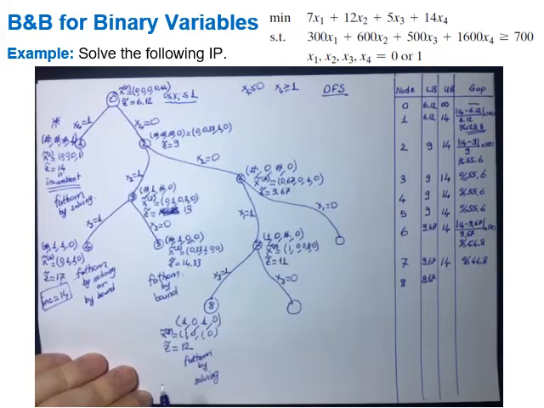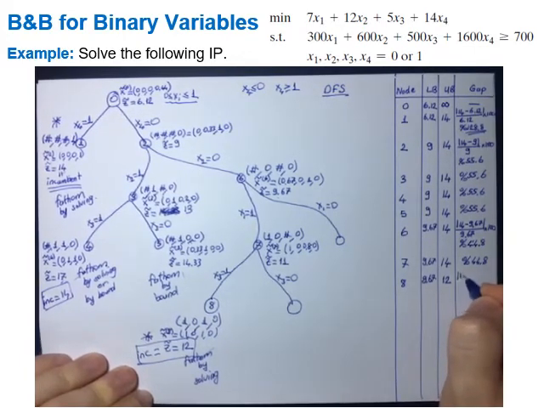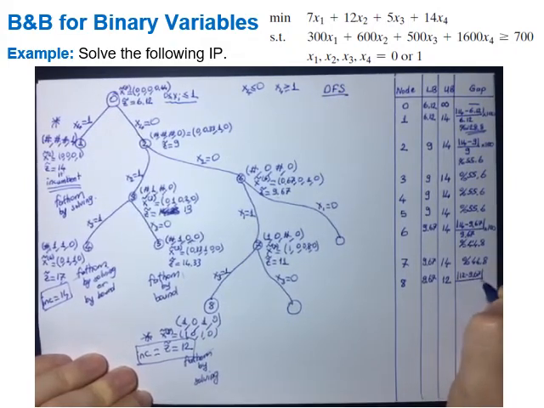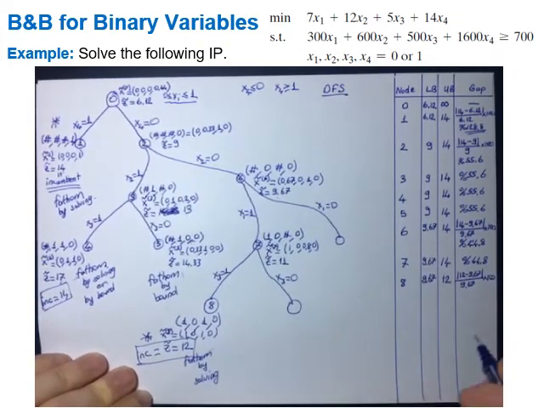It means that this is our new incumbent solution. We update the incumbent, and our upper bound now is 12, not 14. Our gap value will be 12 minus 9.67 divided by 9.67 multiplied by 100, and its value will be 24.1, I guess.